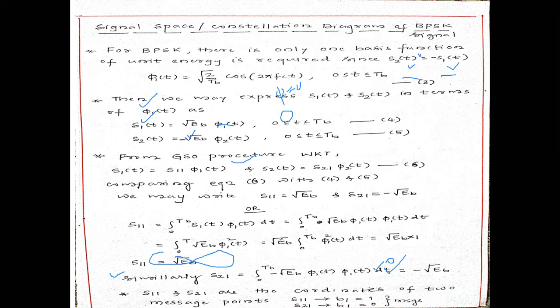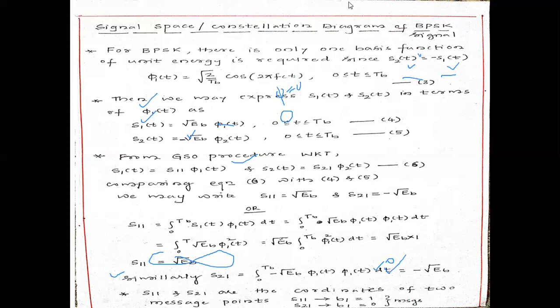But here you can see, we already know that since both S1 of t and S2 of t are antipodal signals, S2 of t is equal to minus S1 of t, right? So both signals S1 of t as well as S2 of t have the same basis function phi 1 of t. Instead of using two basis functions, you can use one basis function for the signal space or constellation diagram, right?